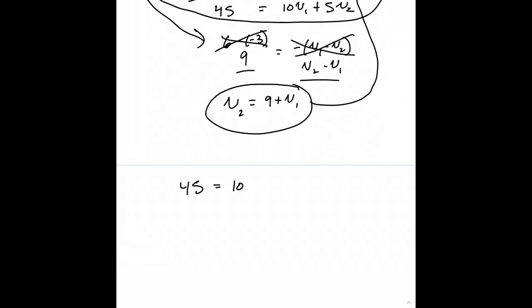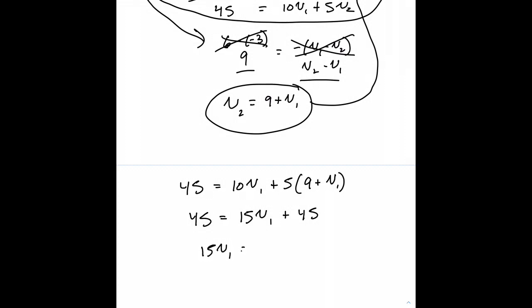45 equals 10v1 plus 5 times the quantity 9 plus v1. So 45 is equal to 15v1 plus 45. Well, this was an interesting result. In this case, we had a special condition where 15v1 equals 0, which means v1 is 0.